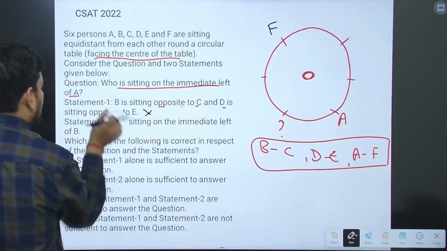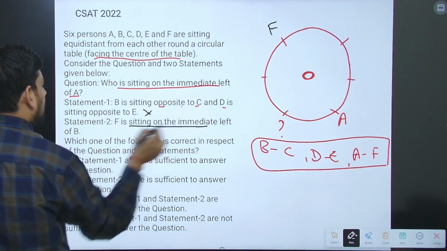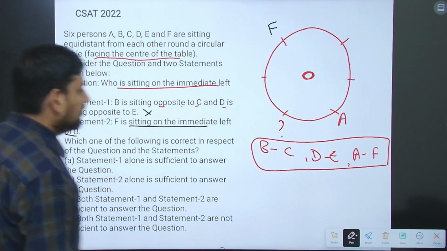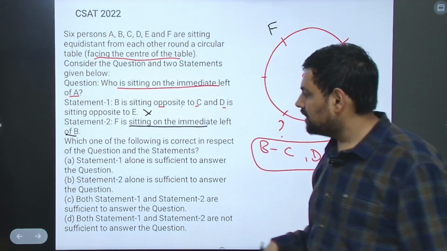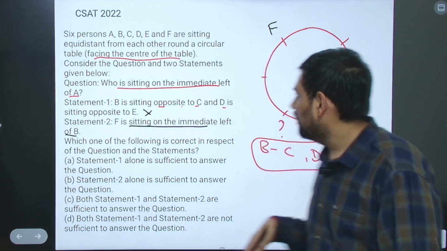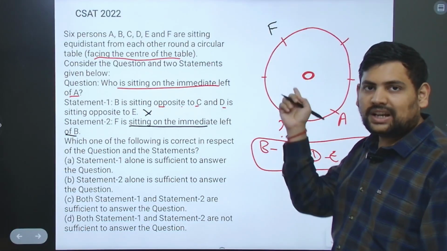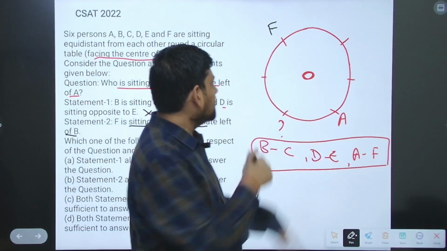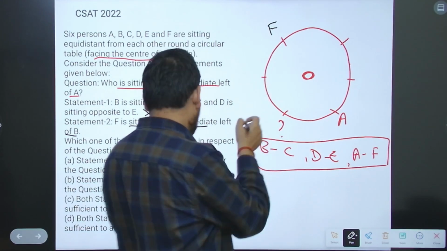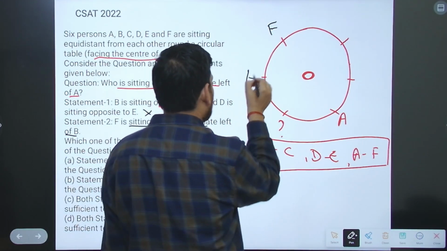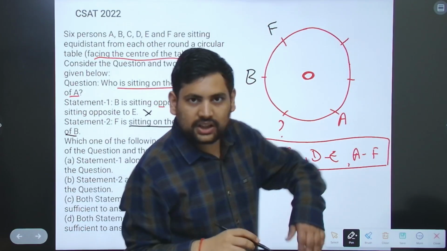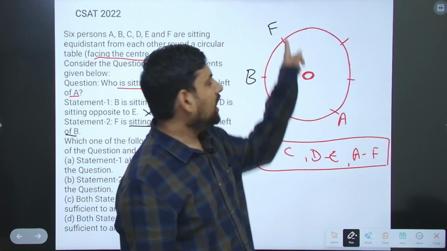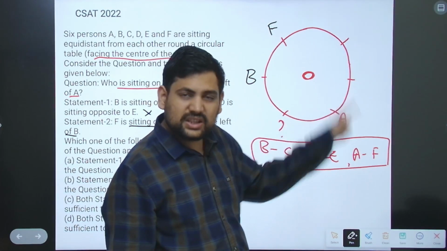Then statement 2 says F is sitting on the immediate left of B. So where will B be such that F is immediately to the left? If B is sitting here, then you can see the immediate left of B will be F, because they are facing towards the center of the circle.